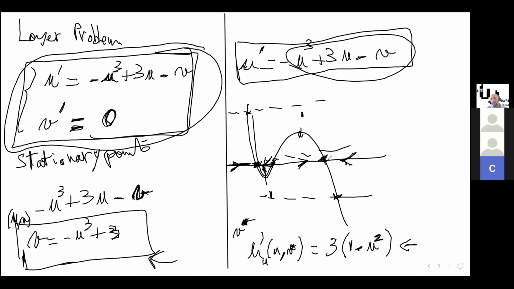So for a given v, I look at the one-dimensional ODE in u, and I got that this one here is stable, this one here unstable, and this one is stable, and so on and so forth. So now I get that.